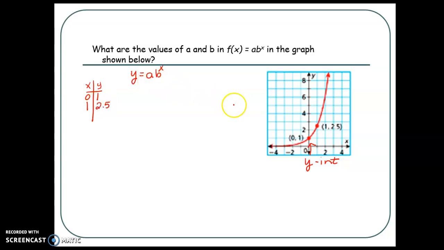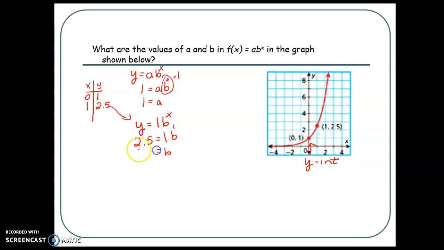So for the first one, that's where you found your y-intercept. We're going to have 1 equals a times b to the 0. b to the 0 just equals 1. So your a equals 1, just like I told you. There's your y-intercept. So now you have 1b to the x, and we use the second point. 2.5 equals 1b, and b to the 1 is just b.